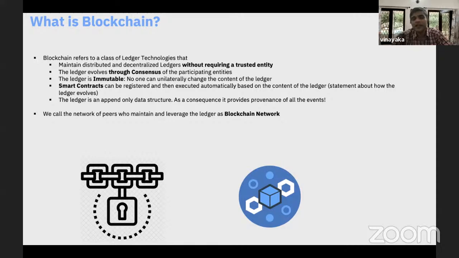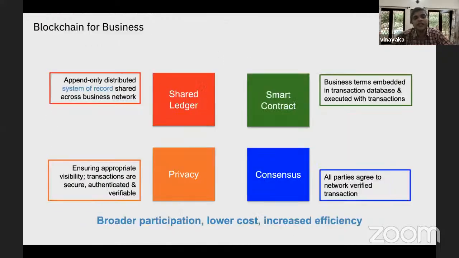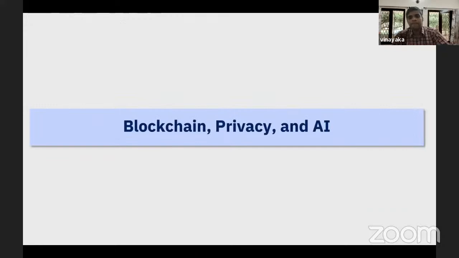But as I said, when you are in a business setting, you need to do something separate, which is to make sure that the visibility is made available in a careful manner, unlike in Bitcoin, where everybody can see every transaction that takes place. Hopefully that is clear. Yes, that's fine, we can go ahead.